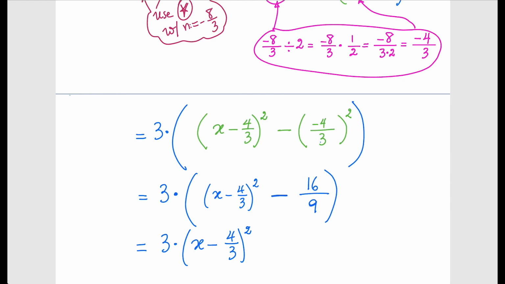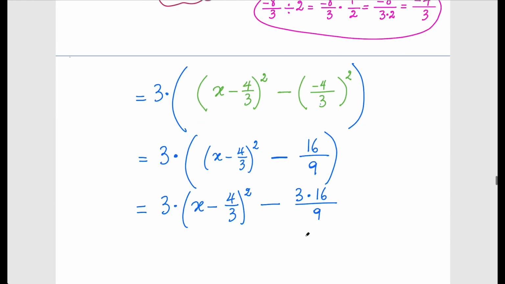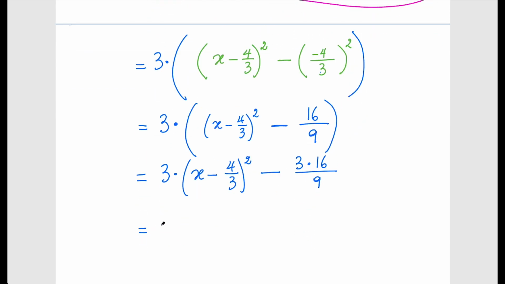That's minus 3 times 16 over 9, right? Clearly, I can simplify here by 3, and we obtain 16 divided by 3, because 3 divided by 9 is 1/3, so we get 16 times 1/3, which is 16 over 3.